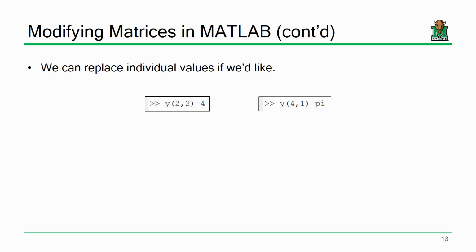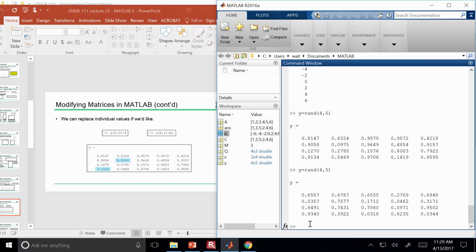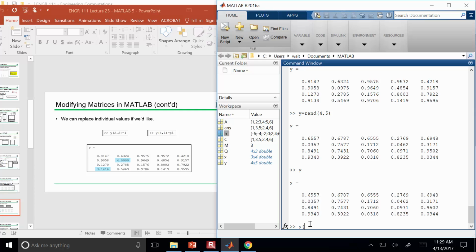We can also replace individual values that are inside of our matrix. So here's our y, our so-called random numbers, and we can reassign values. So within y, I want row 2, column 2 to be replaced with the number 4.